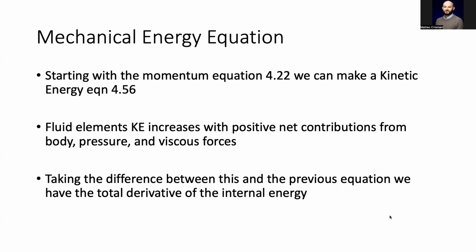It's dE dt, the total derivative of the internal energy, is equal to minus P D dt of, you remember this is the specific volume, which is 1 over the density. I'm just going to write it like this. That'll be simpler.